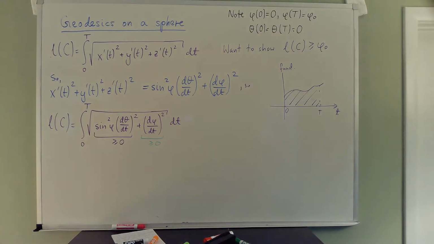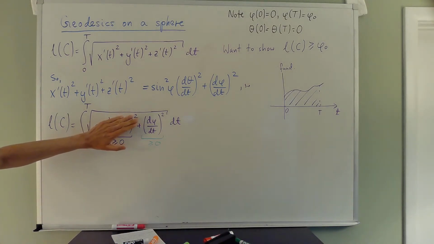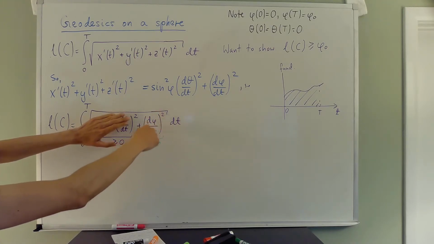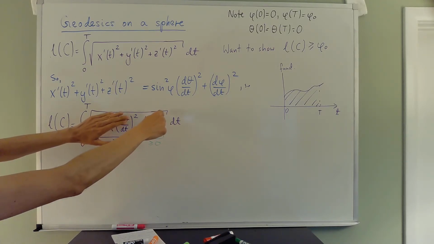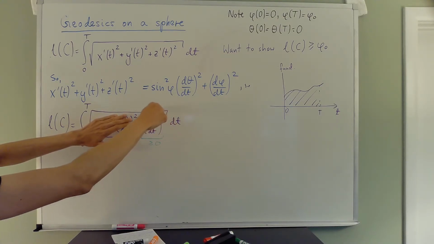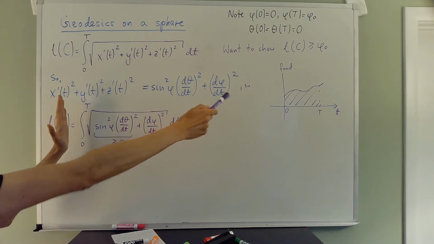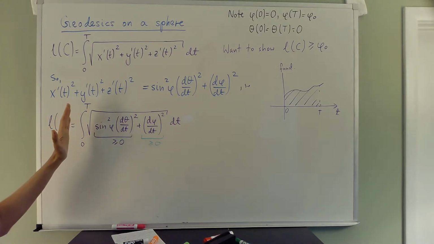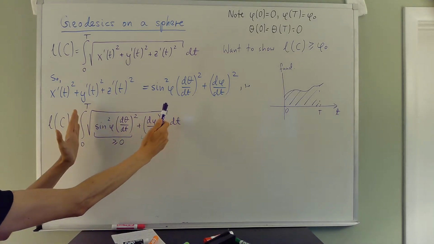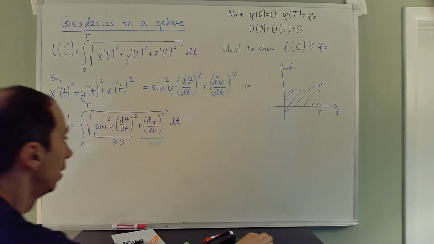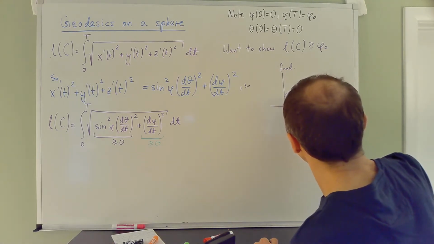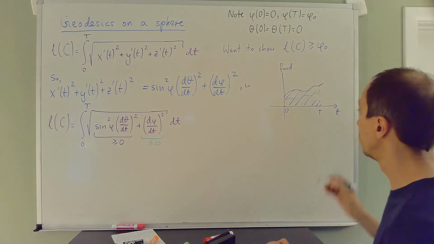But think about what would happen if I just forgot about this and I just looked at that. Well, that is also a positive function, but the graph of just the square root of that bit lies below that purple graph over there, right? Because if I just do this, that's less than that. So the graph, which I'm just going to mark in green here, is somewhere below.